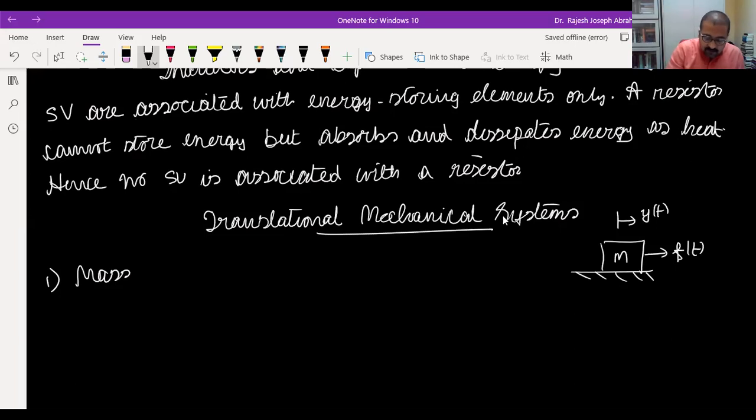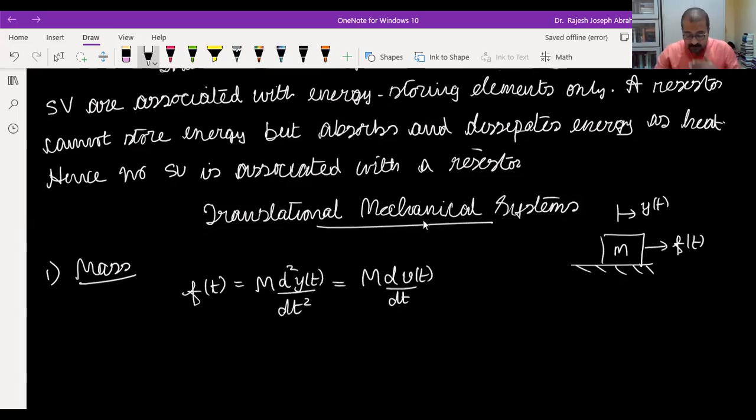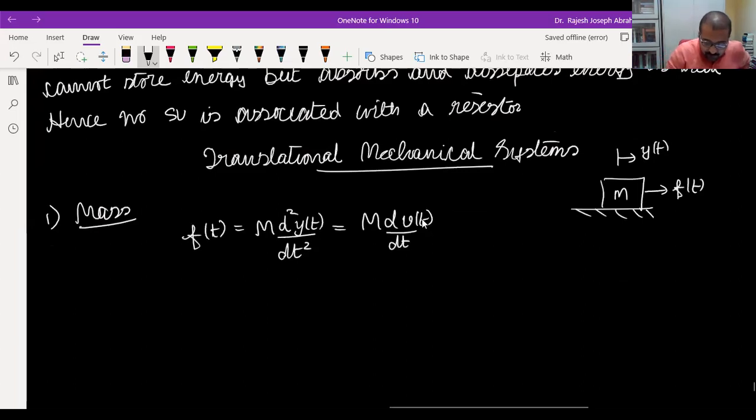What's the force expression here? Force f of t is m d square y by dt square, or in terms of velocity, m into dv by dt. So f of t equals m into dv by dt.